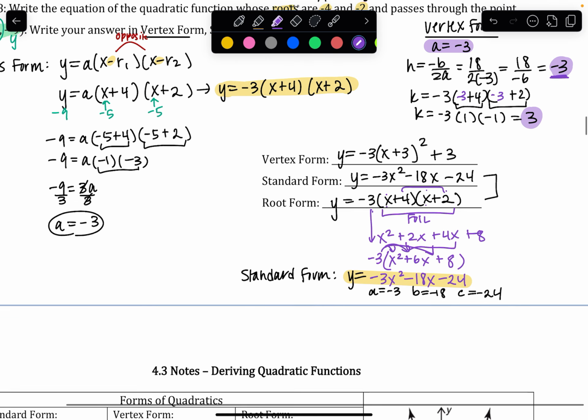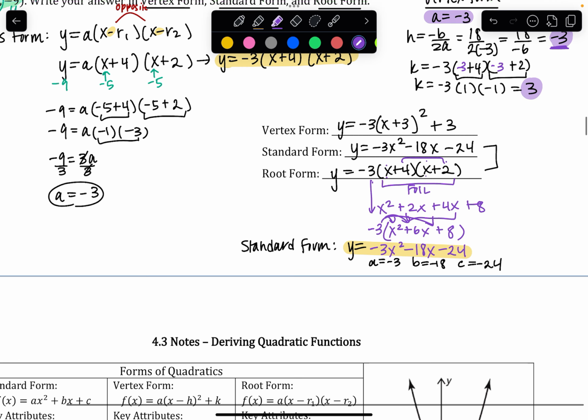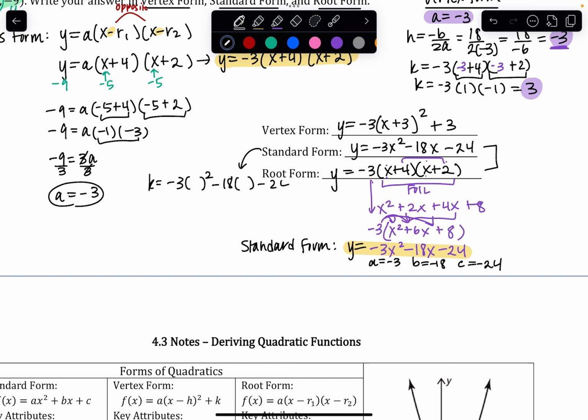Okay, and then just to show you that you would get +3 if you use standard form as well, I'll show that right here. -3x squared minus 18x minus 24. And you'd still fill in the -3 for both x's. Square first, you get +9. -18 times -3 is +54. -3 times 9 is -27.